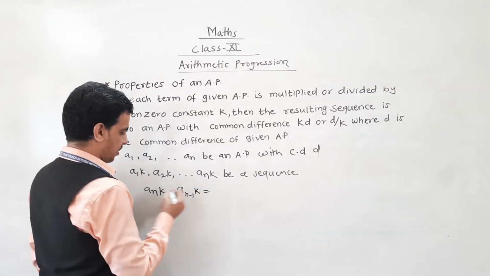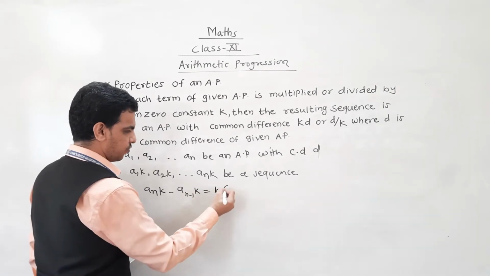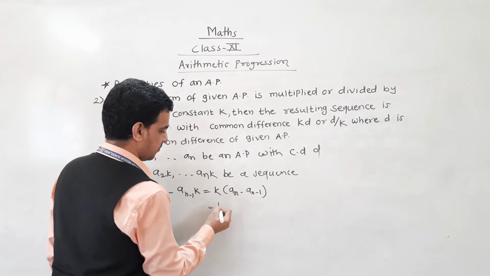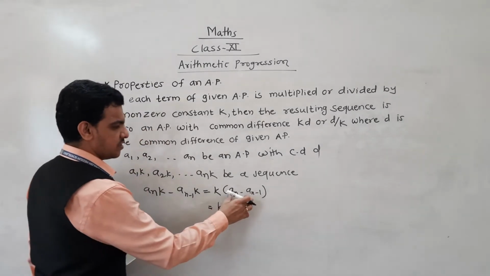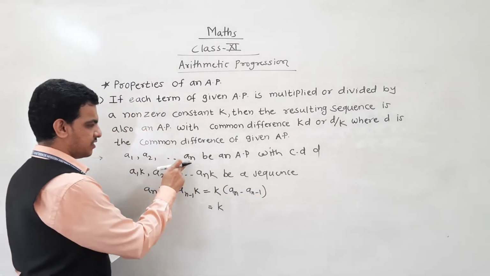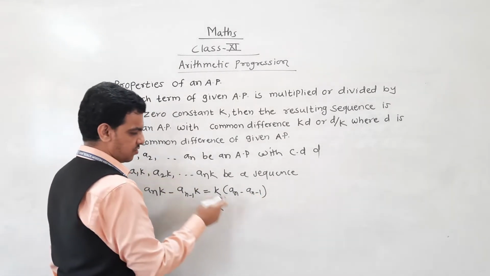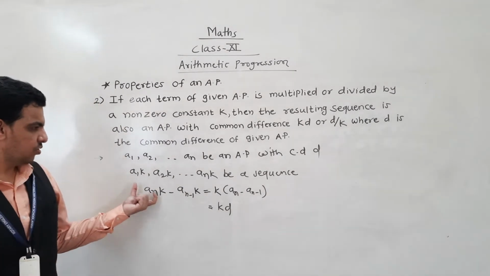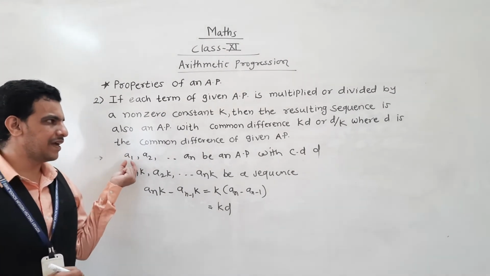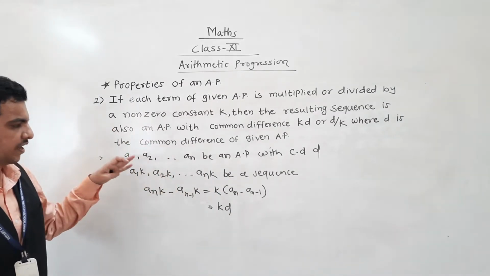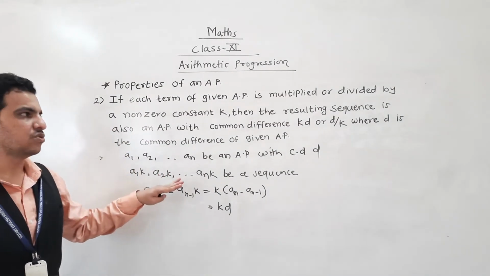If we take k common, what remains is An minus An minus 1, which is the common difference of this AP, that is D.